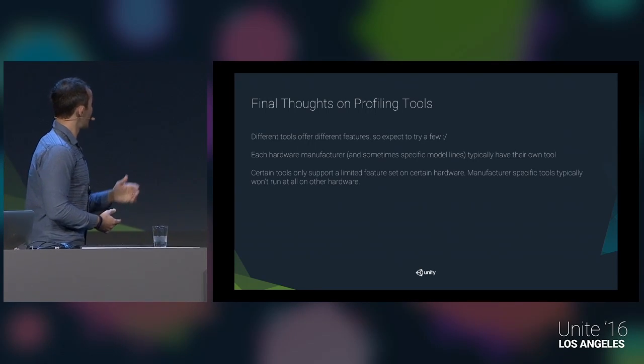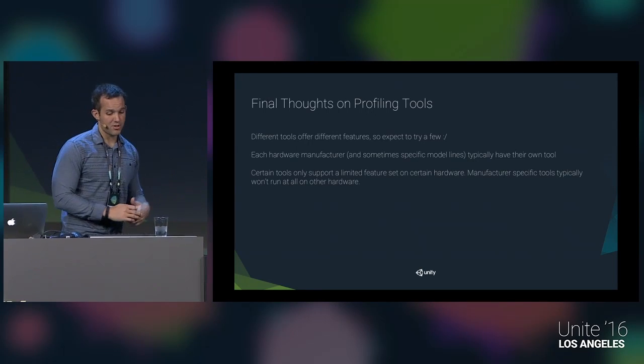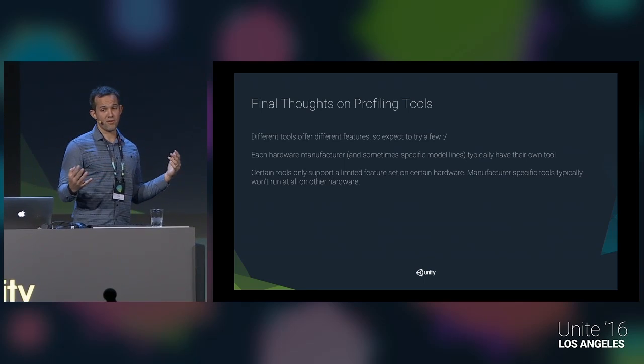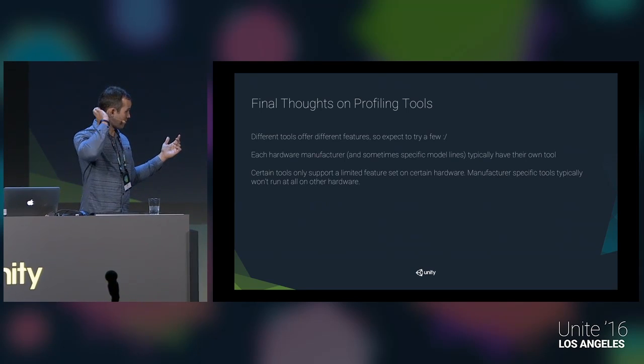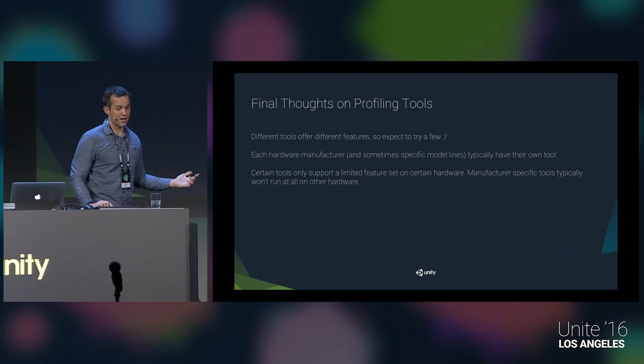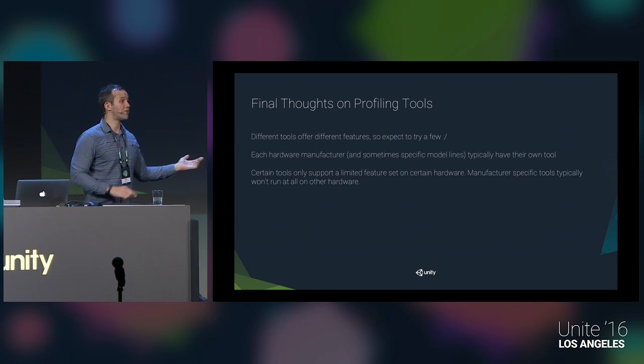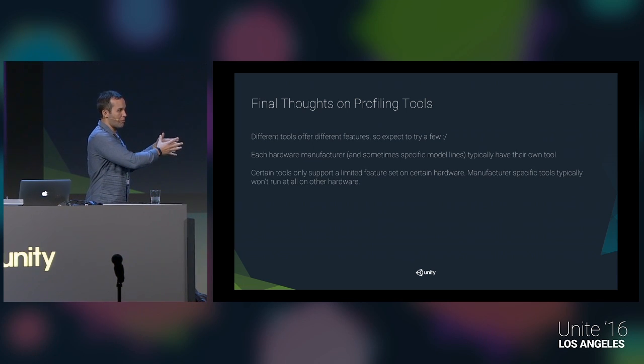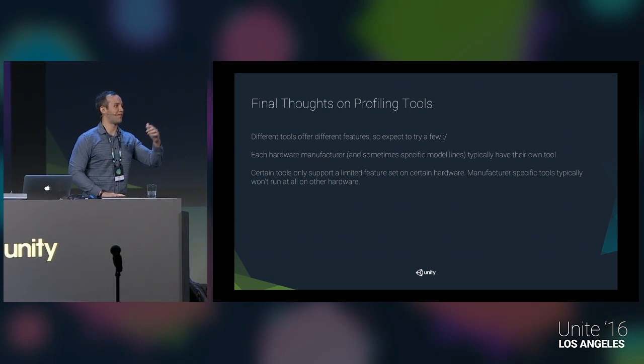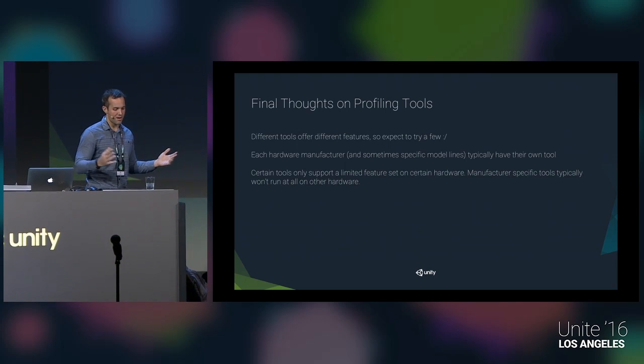In pretty much every case, each hardware manufacturer, as I mentioned before, has their own profiling programs. So NVIDIA has PerfHUD, and AMD has Mali Studio if you're doing OpenGL ES on Mali, and they have their Catalyst, their desktop tool.